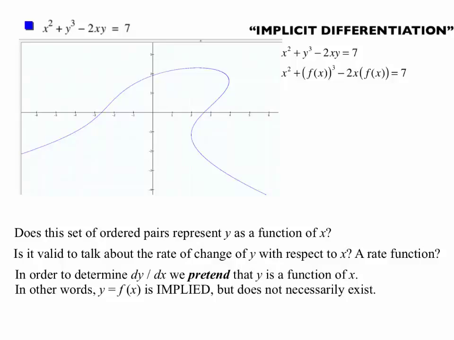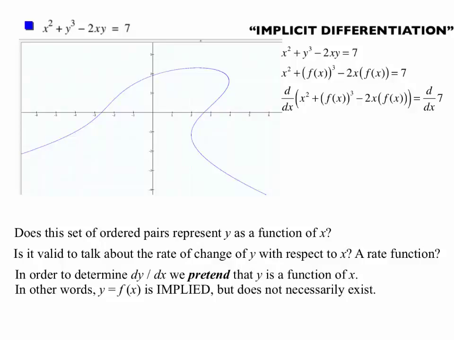Okay. So then we're going to take the rate of change of both sides, the rate of change of the left and the rate of change of the right. And now we're going to use all our rules that we learned. So we get the rate of change of the sum or difference. How do we take care of that? Nothing easier than that, right? We just do the individual rates of change. And then over here on the right, what's the rate of change of 7? 0.